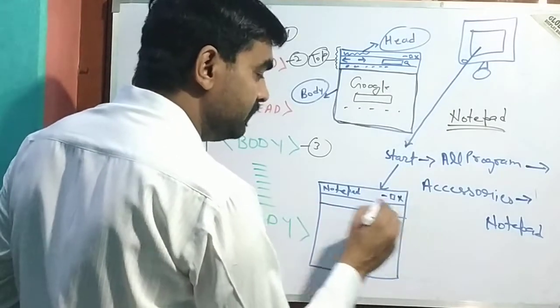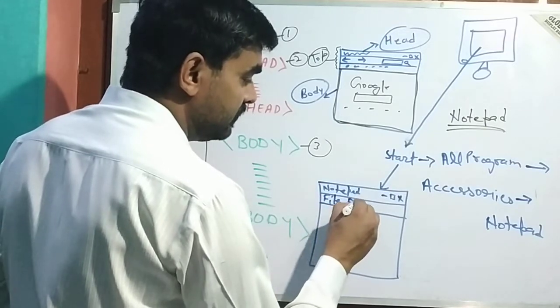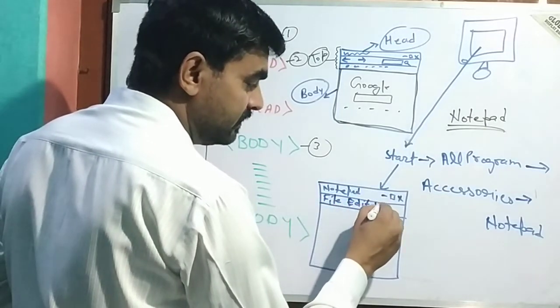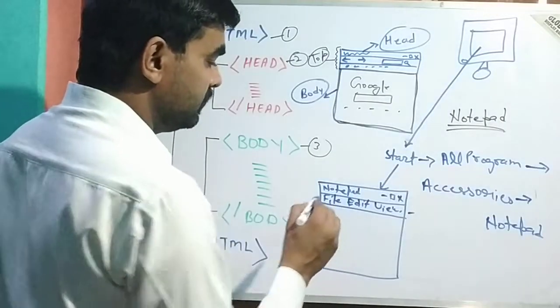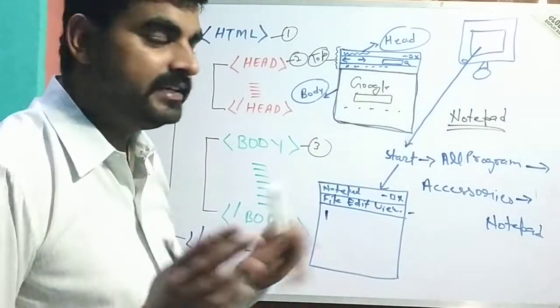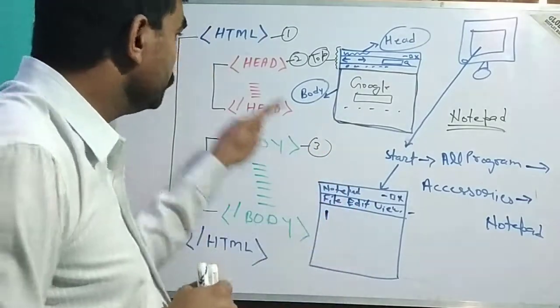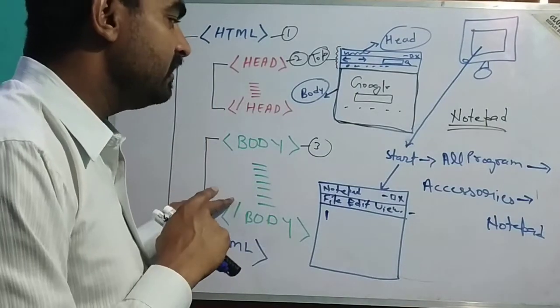One menu bar will be there: File, Edit, View, and some menus. A simple cursor. Notepad is a simple text editor which will help you to write the codes of HTML.